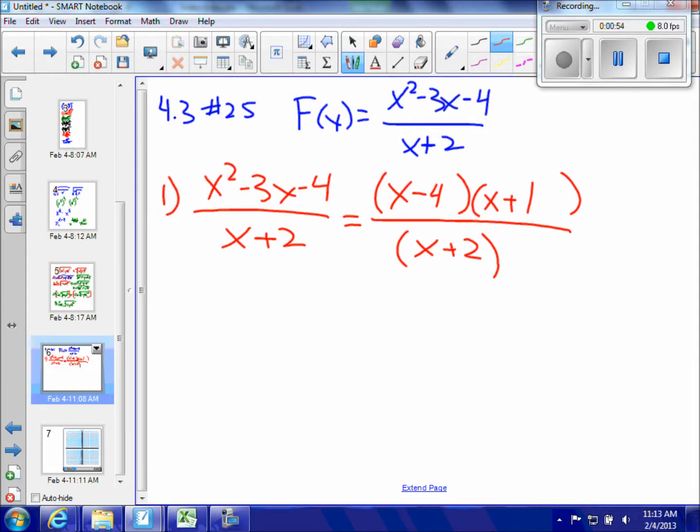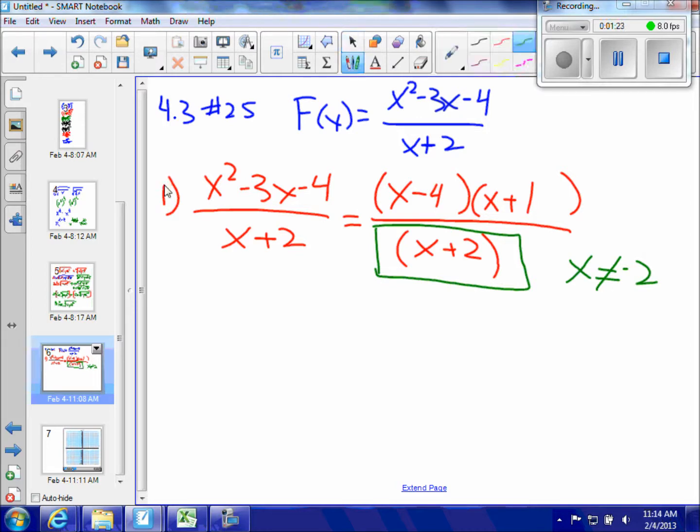So now I need to find the domain of this rational function based on having factored this. And the domain means the acceptable x values. My biggest concern is that I don't have a 0 in my denominator. So x cannot be equal to negative 2, because if x is equal to negative 2, I will have a 0 in my denominator.